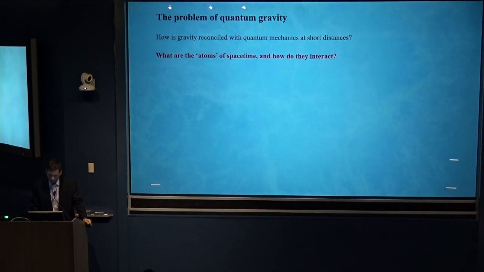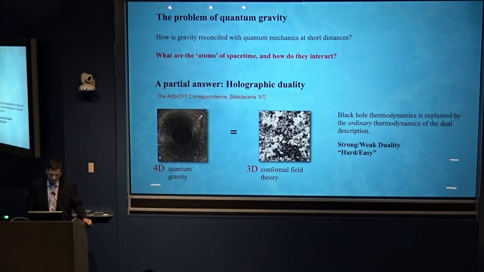So what are the atoms of space-time and how do they interact? Well, we don't know, but a partial answer to this was provided almost 25 years ago now, and is known as holographic duality, or the AdS/CFT correspondence. Holographic duality is a way of thinking about and understanding certain black holes in a theory of quantum gravity. It gives you another description, a dual description.